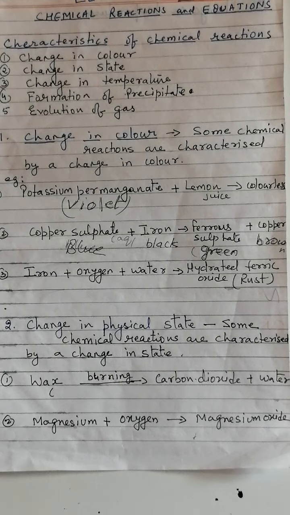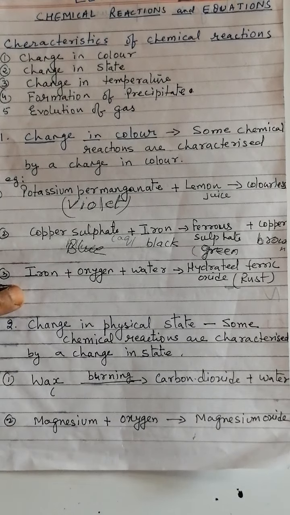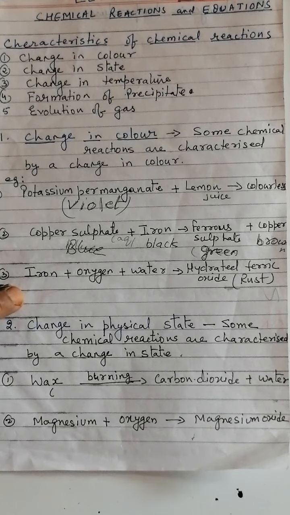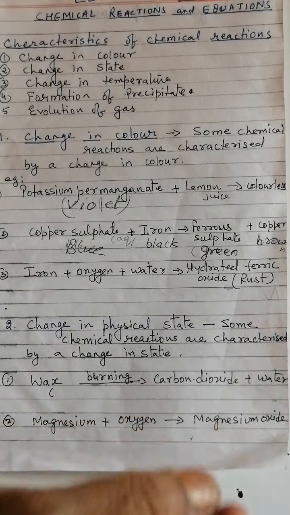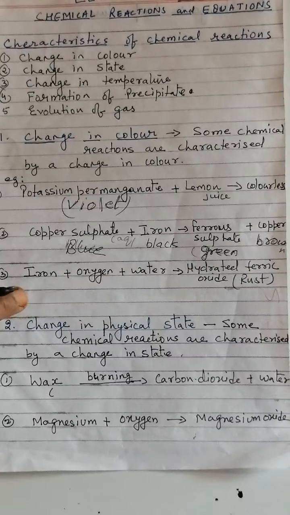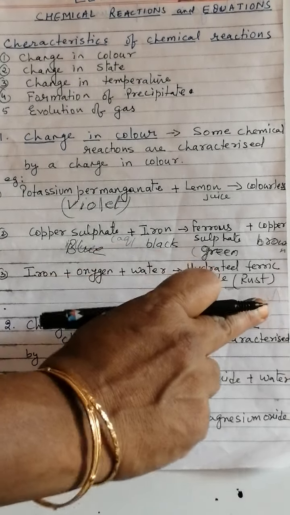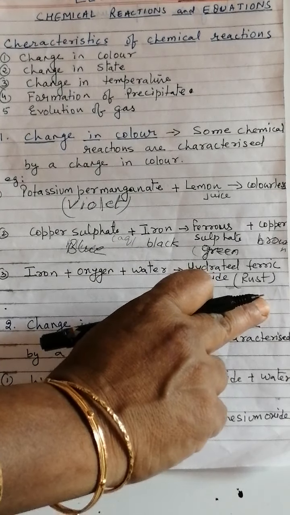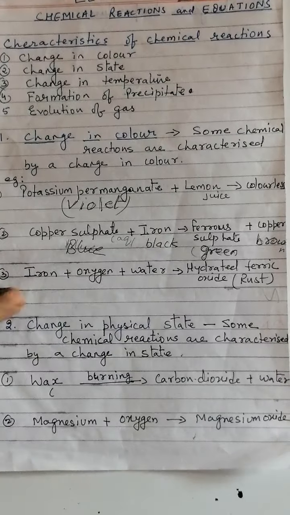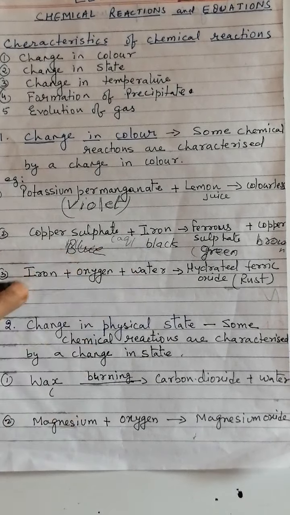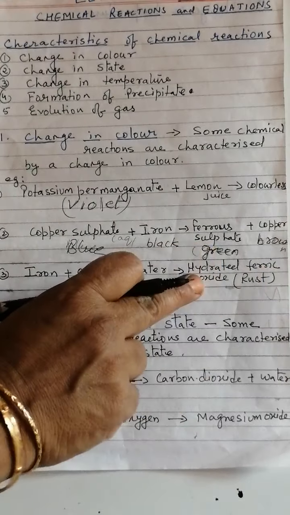Next example, as you have already seen all around you during the rainy season, especially iron materials like kava, tawa, kadai, etc. turn to a reddish brown coating. This reddish brown coating is known as rust. How does it happen? Iron, when exposed to oxygen in the presence of water, will form hydrated ferric oxide.